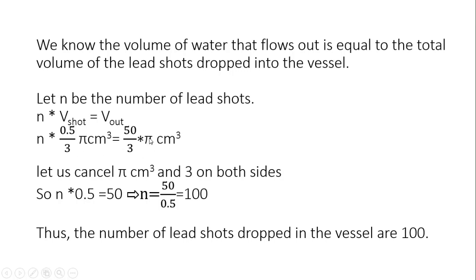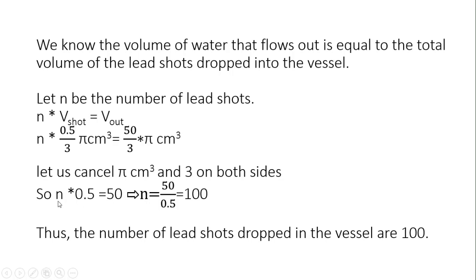Here pi gets cancelled. So 0.5 by 3 here and 50 by 3 here. n into 0.5, 3 also gets cancelled, yes or no?